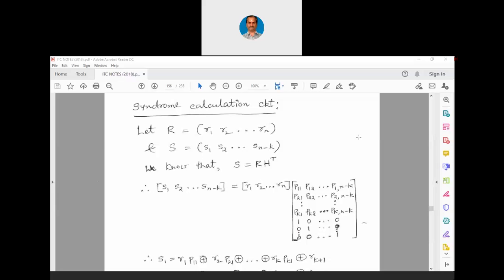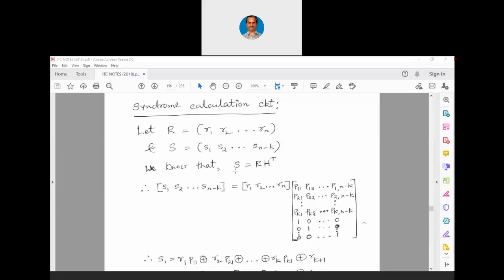So we know that R equals r1, r2 up to rn. R is the received vector and S is the syndrome which will have S1, S2 up to S(n-k). Now we also know that S is nothing but R into H transpose, where H is the parity check matrix or Hamming matrix.